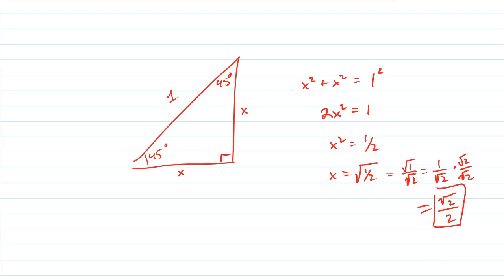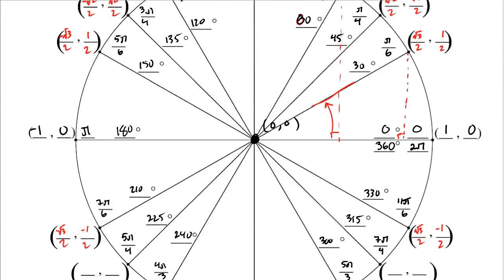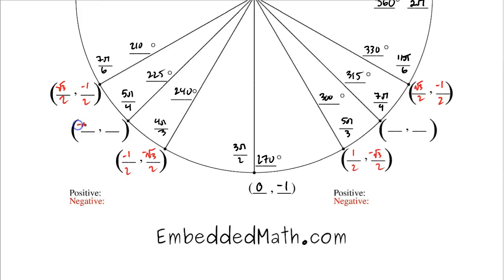Both the height and the width are the same there. So here we'll have root 2 over 2. This one, since it's reflected over the x, will be negative. And then down here we'll have negative, negative. This will be positive root 2 over 2, negative root 2 over 2.